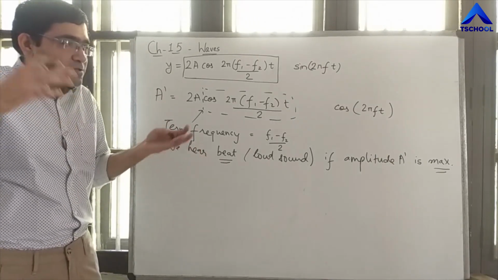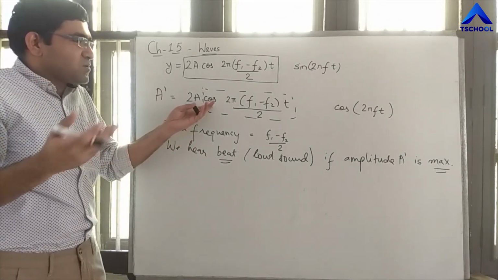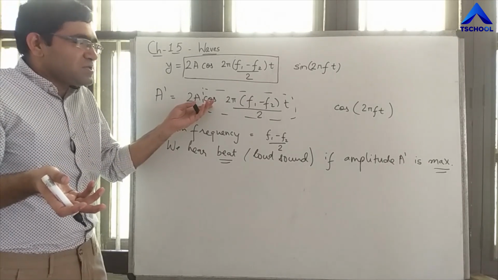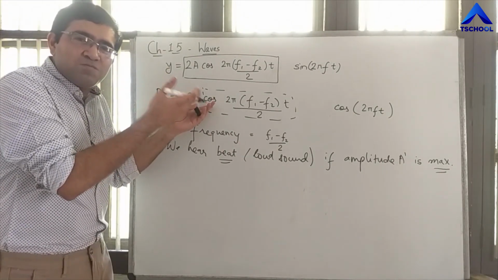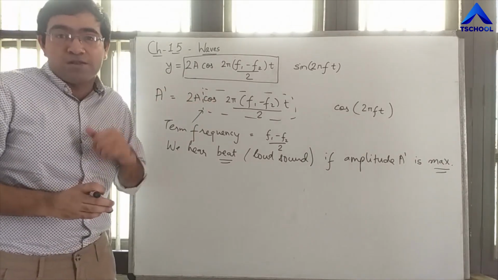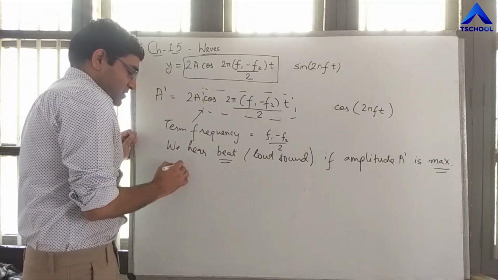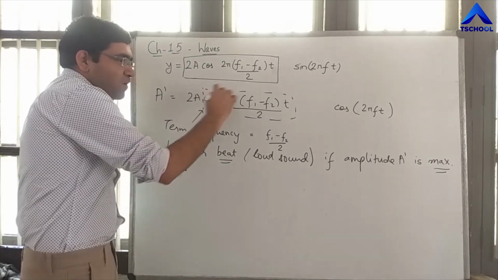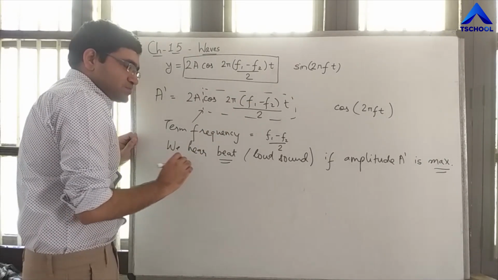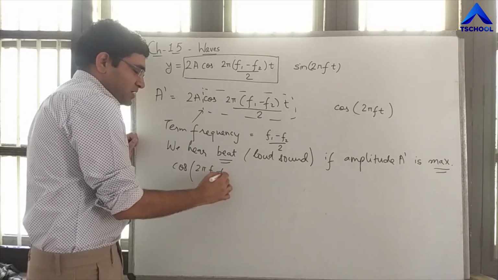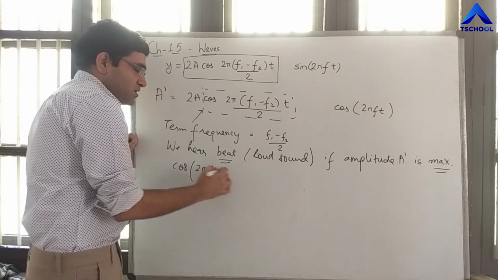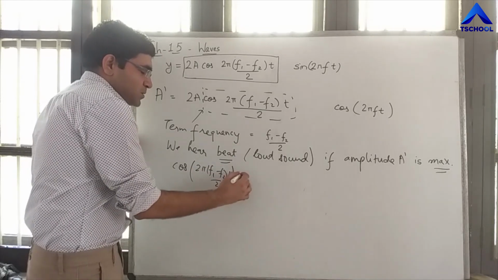Now I'm sure you math students would easily realize that here you have a cos term, so the maximum value of cos is plus 1. Let me write that down here. So cos of 2 pi (f1 minus f2) by 2 into t should be 1.